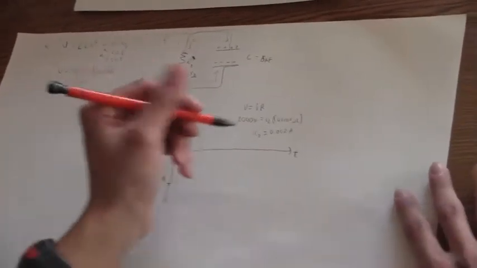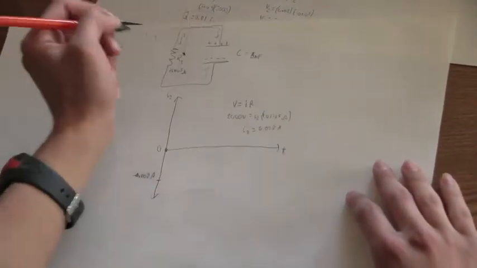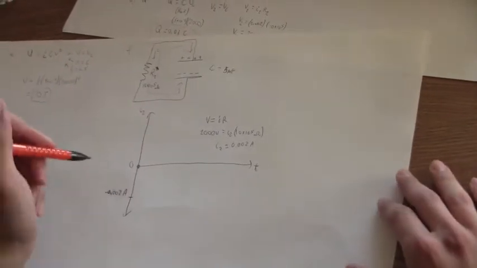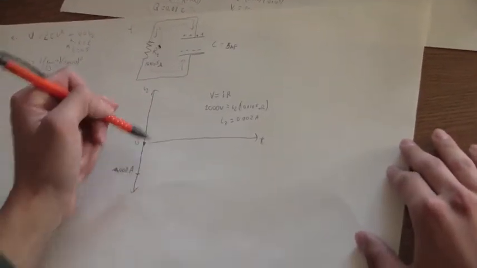Now, as the capacitor discharges, the current I2 is going to decrease in magnitude, or rather increase to 0.